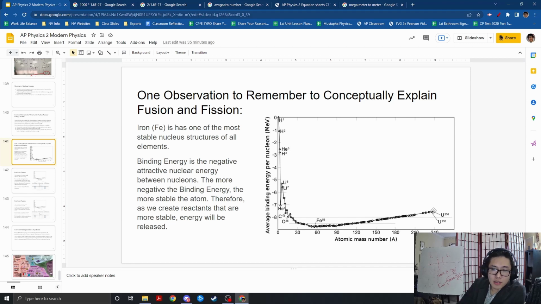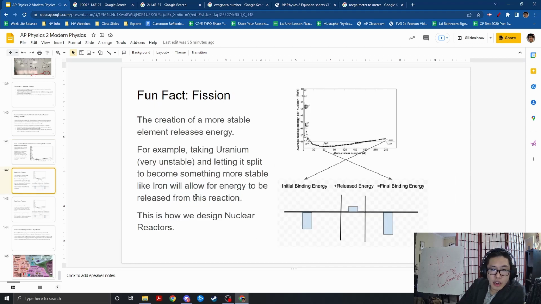And as you look, if we do fission, if we take uranium, uranium is not as stable, so it's not as low an energy as iron. So if we take uranium and let it fission and break up into a more stable particle like iron, we're going to release energy.